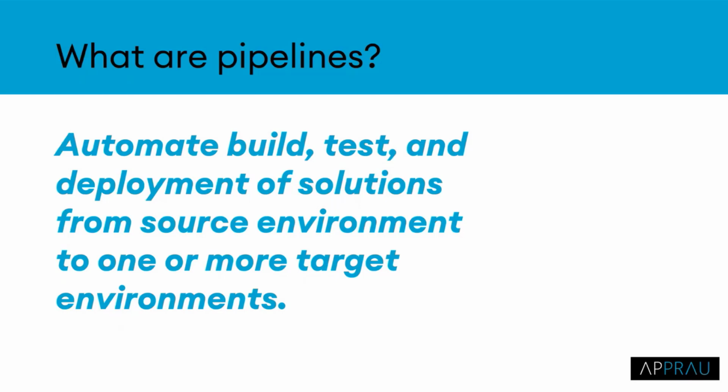Traditionally, in general software development, let's say you're developing a .NET application or website, you have your code, and you can automate the build process of your source code or application. Then you can also have your test scripts, and deploy to different environments. So you can automate all of these using pipelines.